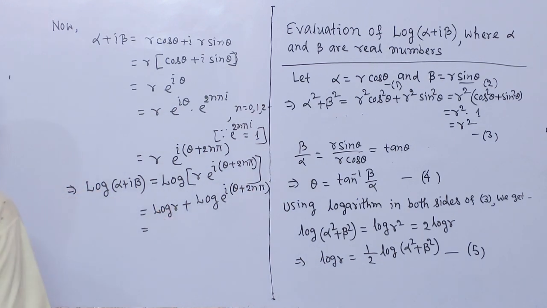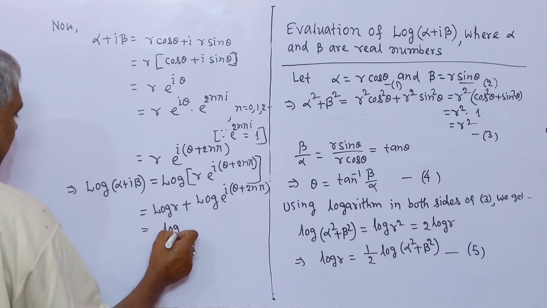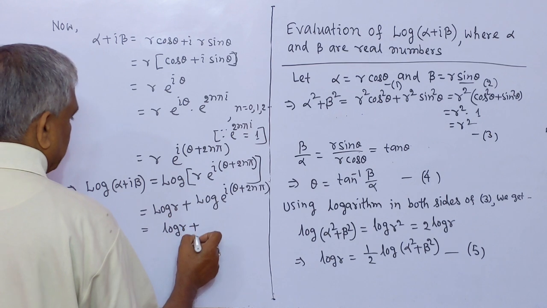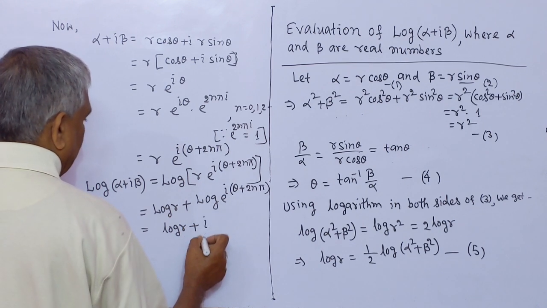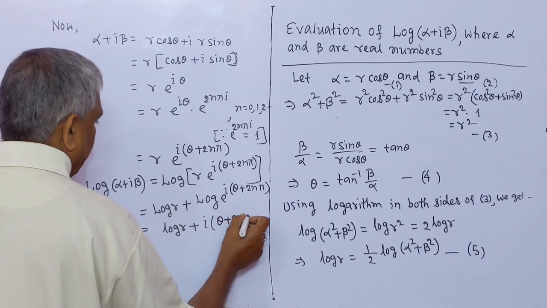Since r is a real number, here small log r and capital log r are the same, plus here i theta plus 2n pi.